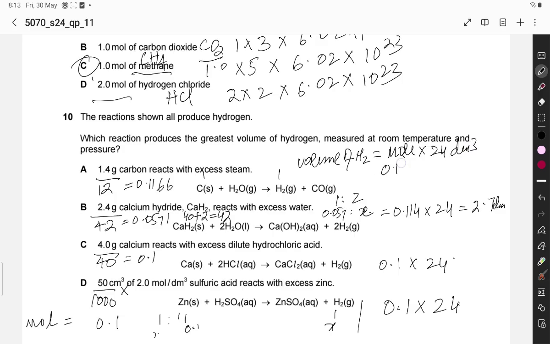The mole in this case is 0.116 because the mole ratio is 1:1, so 0.116 into 24 is equal to 2.784 dm cube. In the other case, 0.114 into 24 is 2.736. So A is the correct answer.